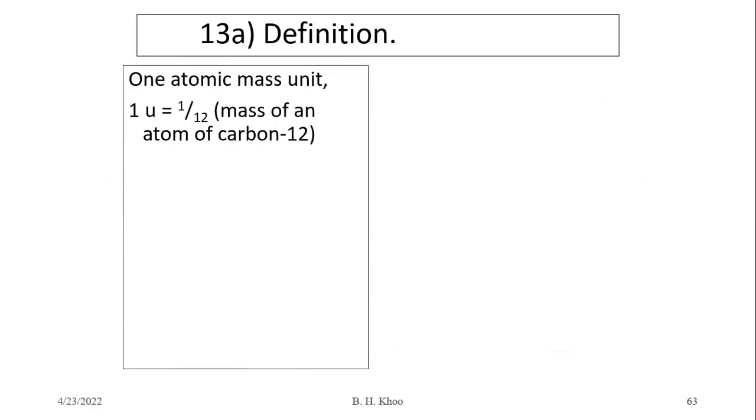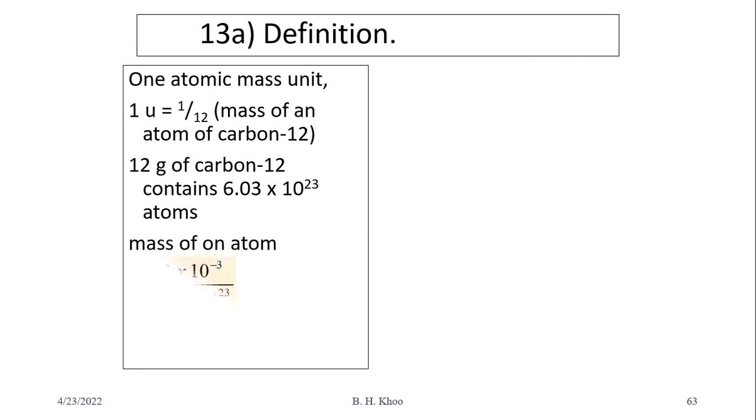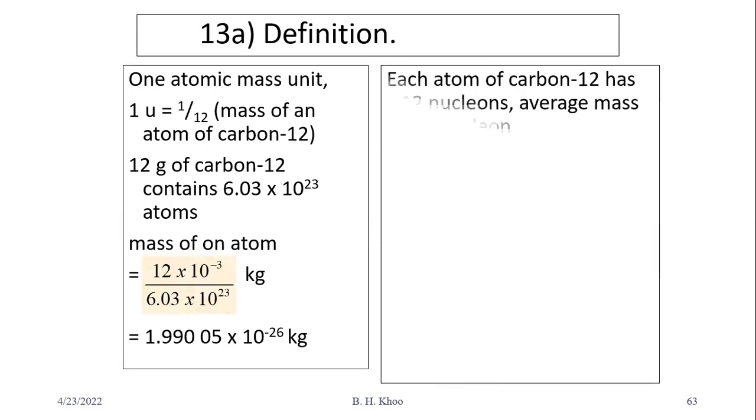So the atomic mass unit we define as 1/12 the mass of an atom of carbon 12. So 12 grams of carbon contains 6.02 times 10 to the power 23 atoms. Sorry, should be 2, not 3. Then we can divide. That's how we get our answer for the mass of an atom. Then we want to find the mass of a nucleon, or atomic mass unit.